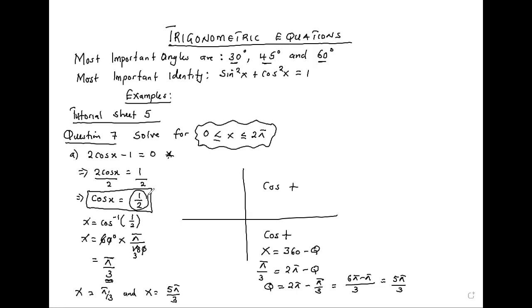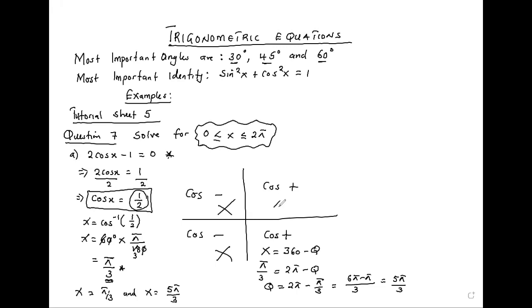In the first quadrant, it is 60. Then we know we can't go in the second quadrant because in the second quadrant, cos is negative. Cos is negative here, cos is negative here. So we can't talk about these. We have to talk about the first and fourth quadrant.